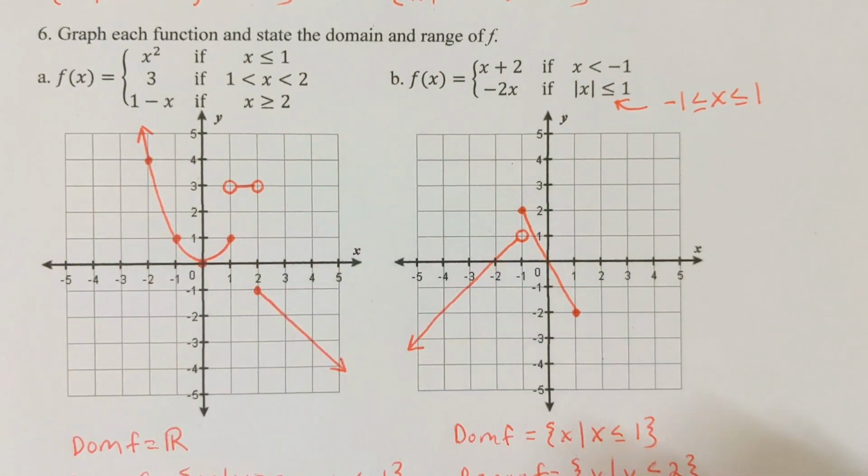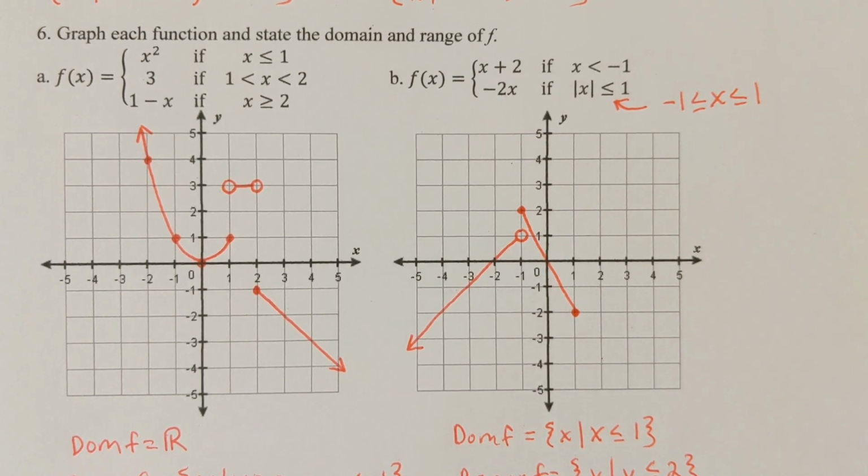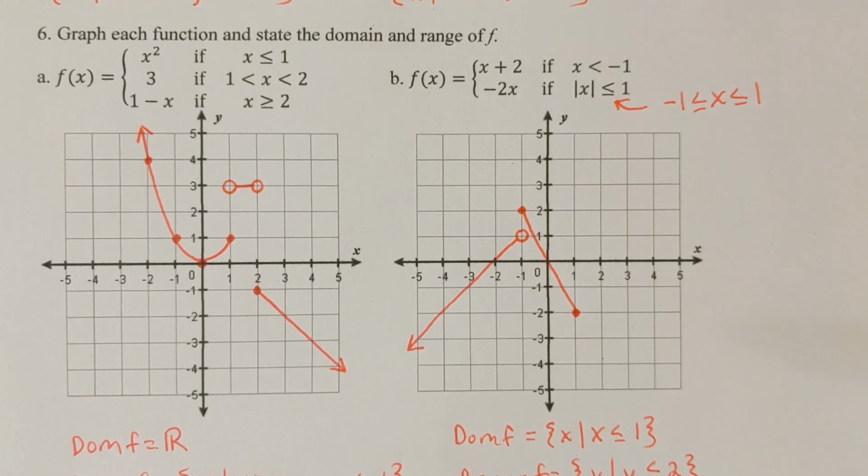All right, problem 6 is dealing with piecewise functions. We're going to do lots of things with piecewise functions throughout the course. So here we're just going to graph and then state the domain and the range. Now, in part A, I've got a piecewise function with 3 different pieces, and here's the conditions on x.